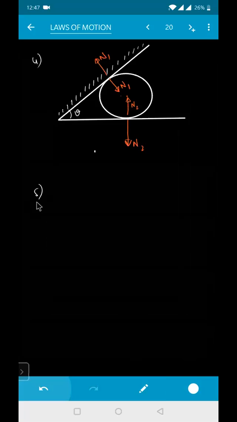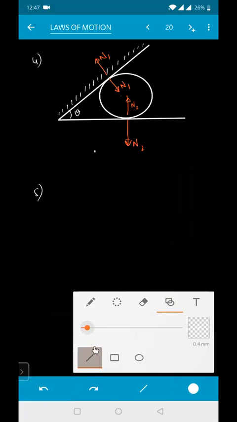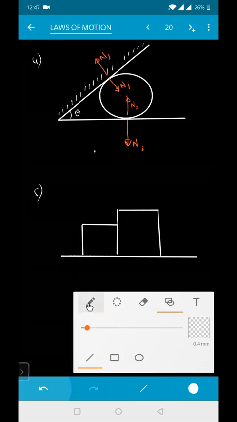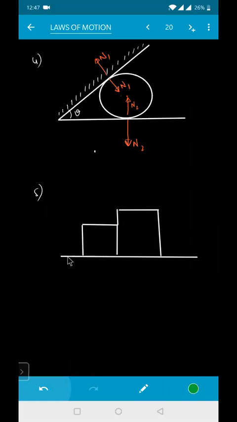One more. And please try to tell me right now the FBD of this one. This is, for example, the ground.